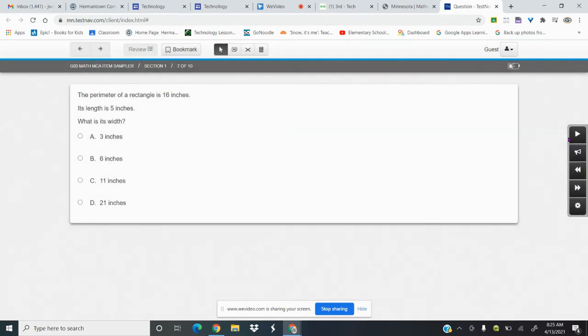All right, next question. The perimeter of a rectangle is given, what is its width? So you're trying to find the width of the rectangle. I wish I could diagram this out for you so you could see it.